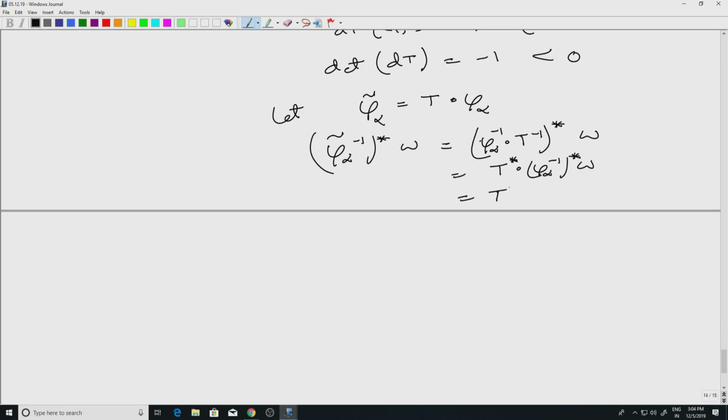This is equal to, this was what we had called f, T star of f dx1 through dxn, which is omega naught. I'm using the notation omega naught for the standard n-form.